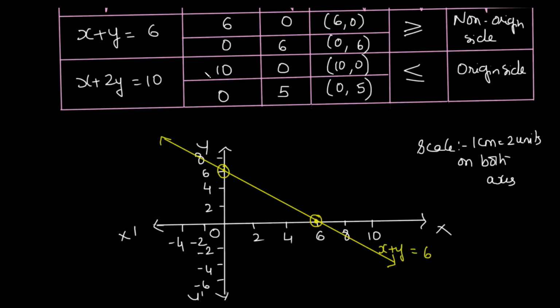Then the other one, 10, 0 over here, and 0, 5. Now 0, 5, see, somewhere in the middle between 4 and 6 there is 5 actually. So that point can be plotted here, and thus our graph comes out this way.